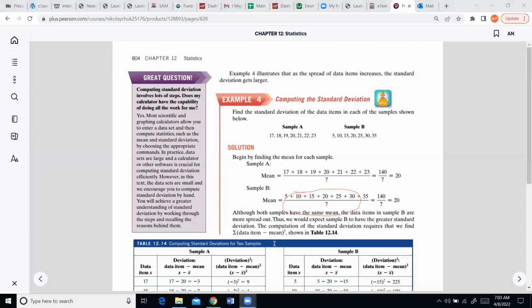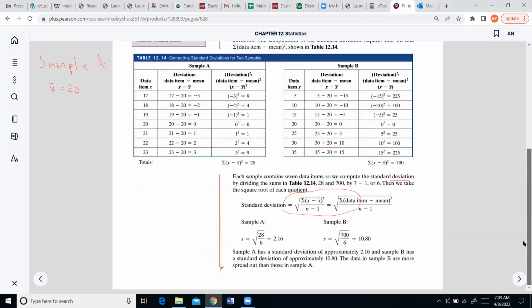What we noticed and found is that in example 4, in a sample A, in the first part, we had the mean for the sample equal to 20. And then we also noticed they found the standard deviation, and we did it also with a calculator, called letter S, equal to 2.16.